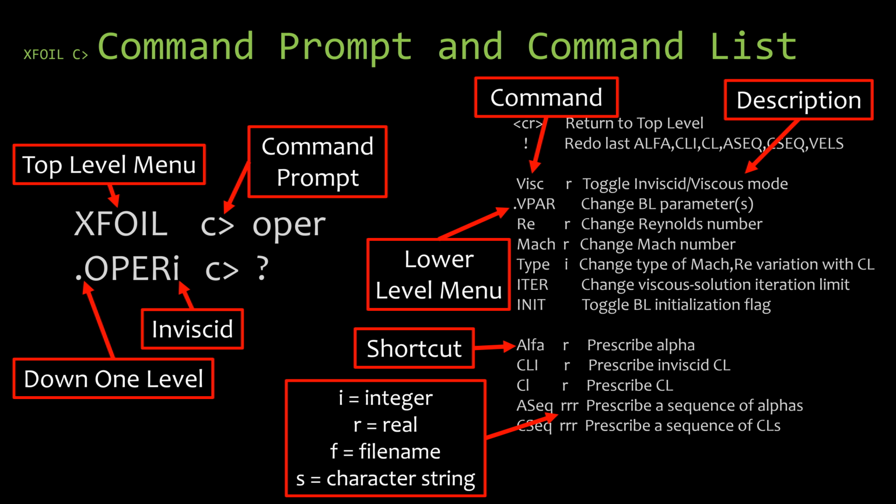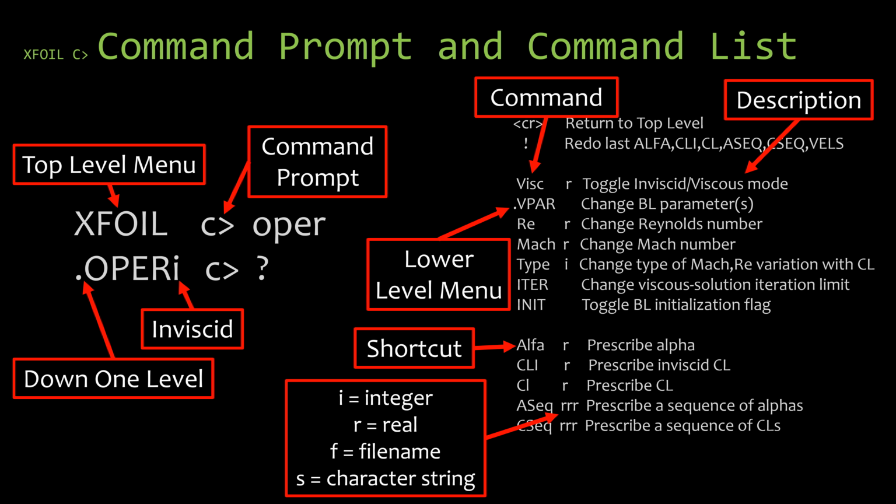Now let's say that I wanted to go to a submenu for performing analysis, the OPER menu, and I typed in OPER and hit enter at the command prompt. You'll see that I got dropped into the lower level menu.